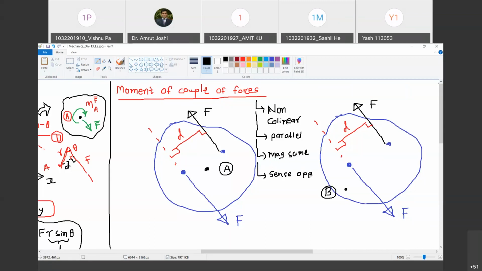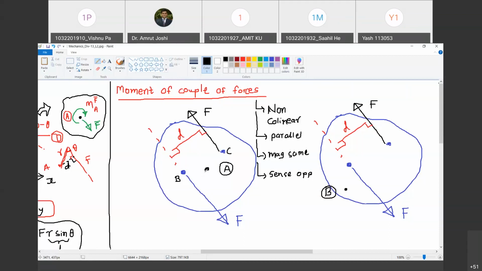Now let us try to find out effects of such forces which are acting at points B and C as shown here. There is a body and at B and C we have the forces that satisfy these four conditions. What is the effect of these two forces at A is the question that I am going to answer now.